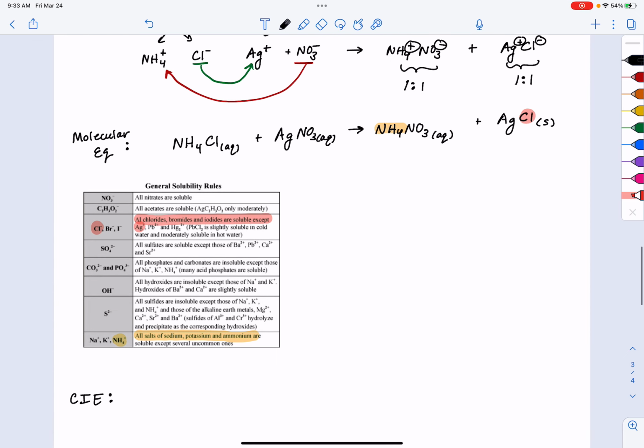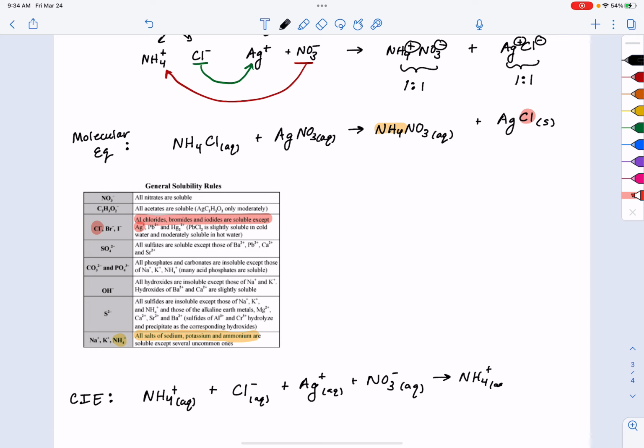So my complete ionic equation is going to contain my ammonium ion, because it comes from a soluble compound that dissociates into its ions. I'm also going to have the chloride ion that is reacting with a mixture of our silver ion and our nitrate ion to ultimately form aqueous ammonium nitrate.